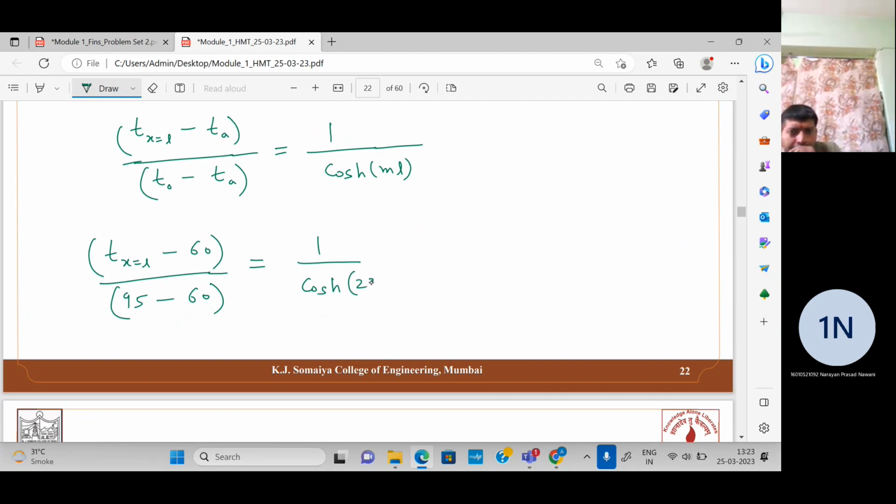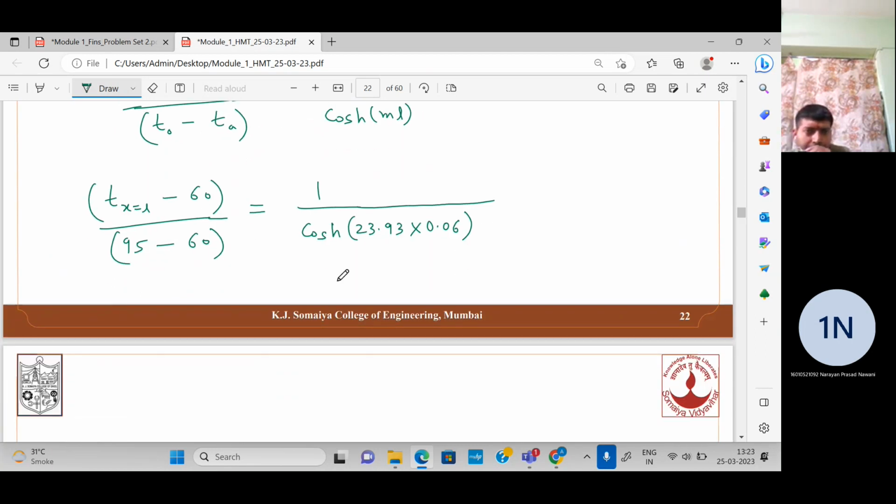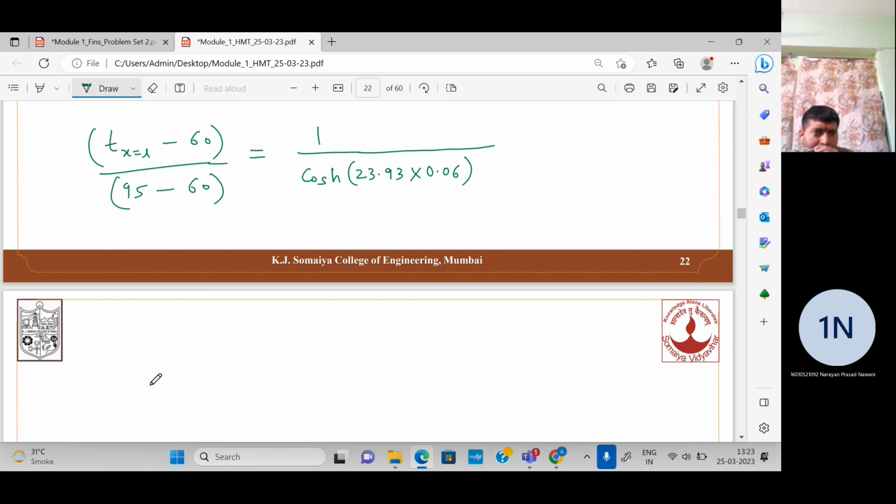M is 23.93 into L is 60 mm, that is 0.06. So just solve this. We'll get one equation and the only unknown is T. So in this way we can calculate T at x is equal to L.